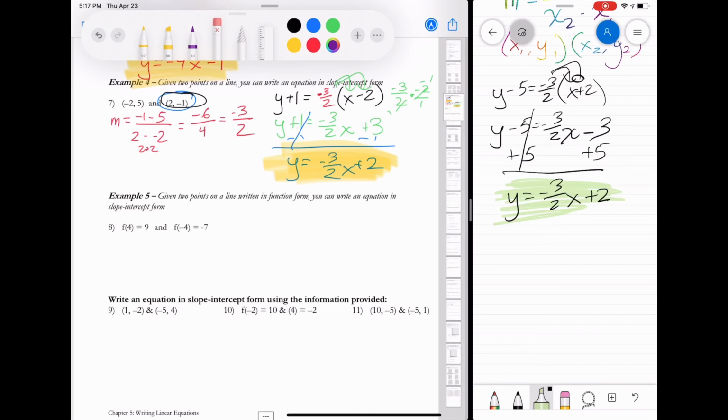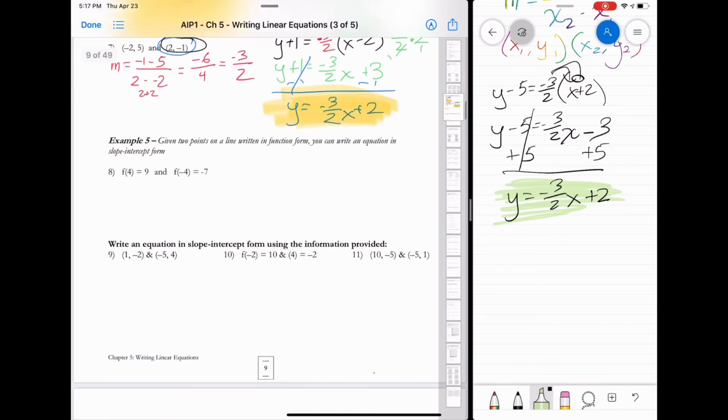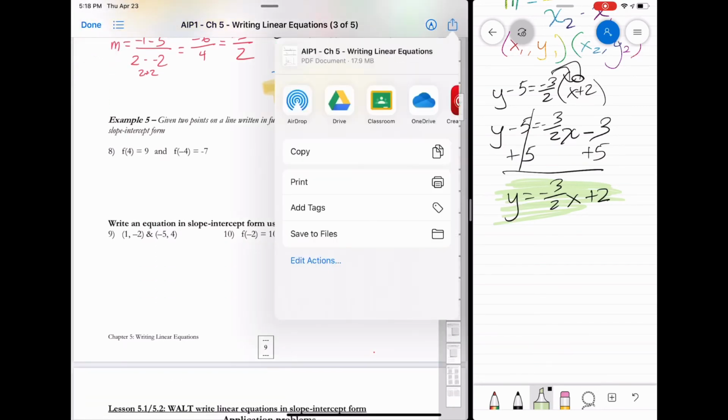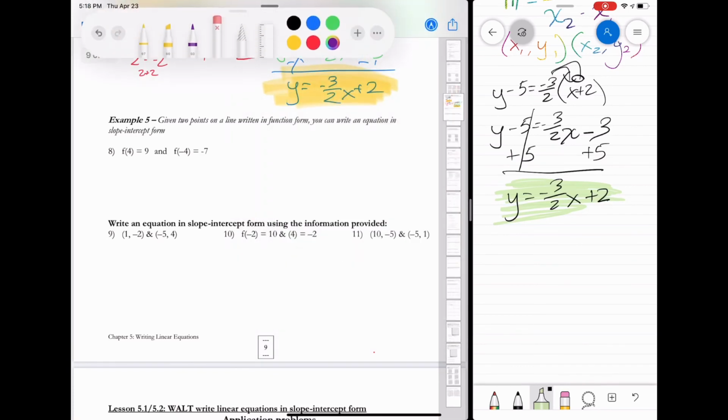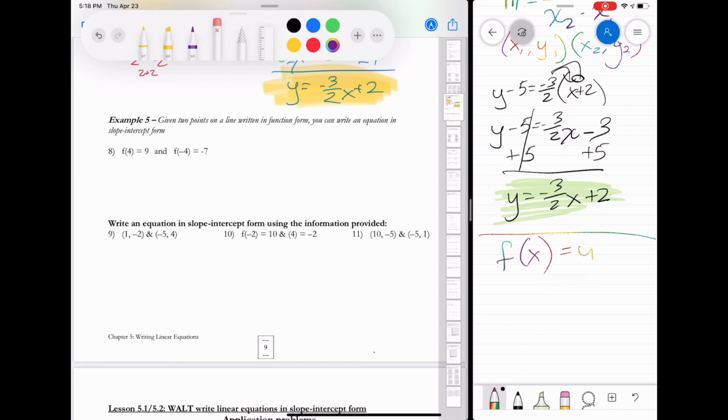Now we're going to go over one more type of problem that you might see. It's when it's written in function form. So a key thing that you guys remember is f of x replaces y, meaning f of x is equal to y. So this whole thing over here is equal to y.